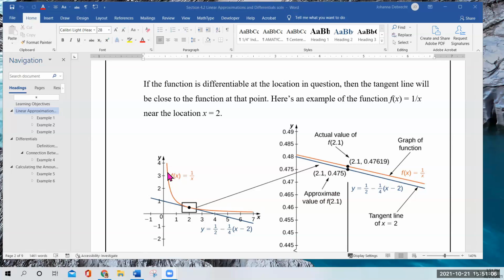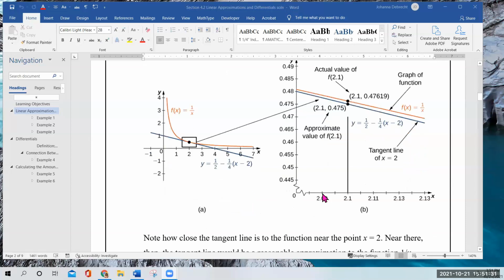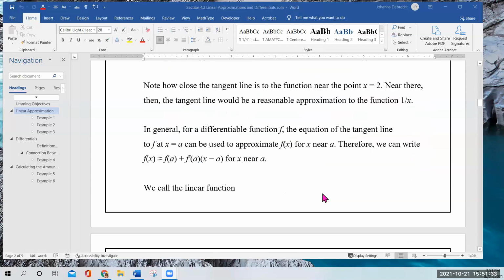Now, if you got further away, say down here at 1/2, then it's not at all close to the function. The tangent line is down here and the function's up here. But as long as you stay close to 2, where you graph the tangent line, then the graph of the tangent line is close to the graph of the function. And that means that we can use the tangent line to approximate the function, given that the function 1 over x is more difficult to deal with since it's a rational function.